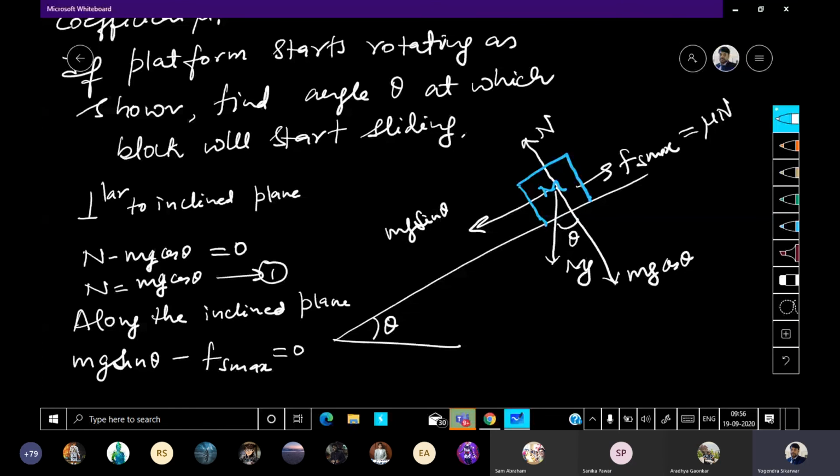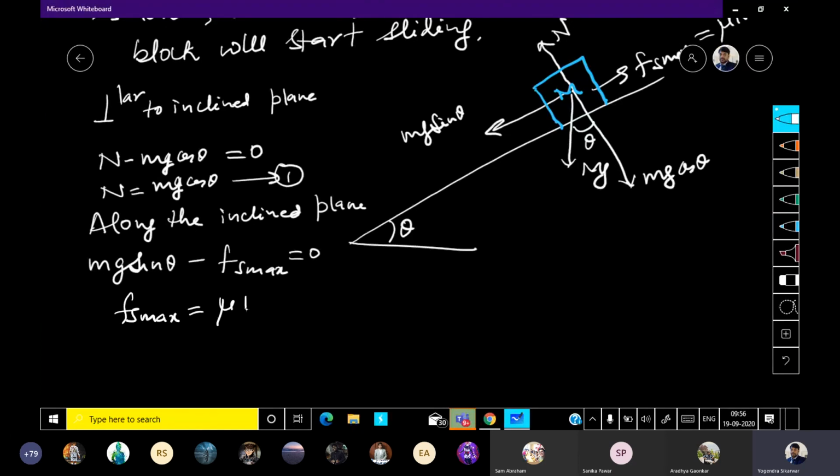Now fs max is how much? Fs max, as sir has taught us today, is equal to mu N, and N is mg cos theta. Let me call this 2 and this 3.